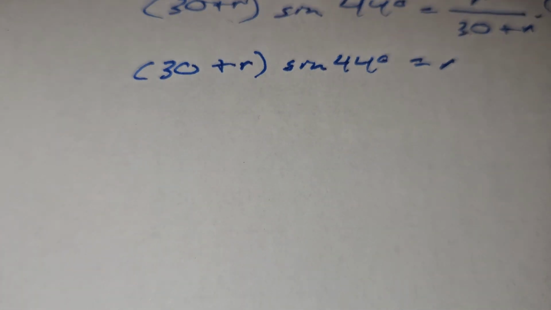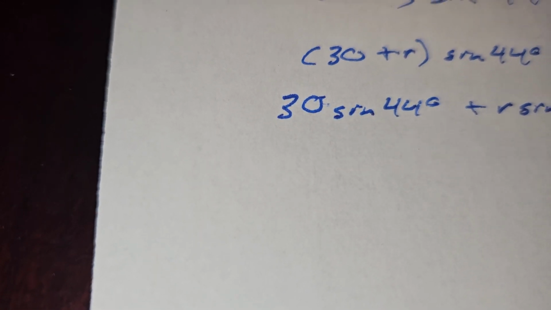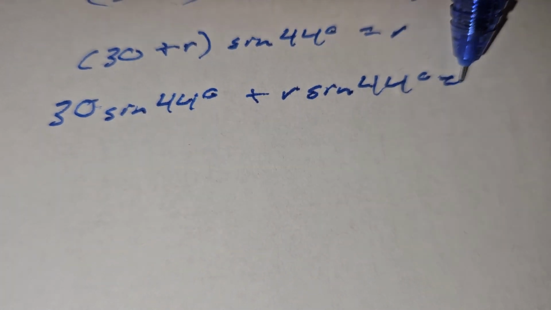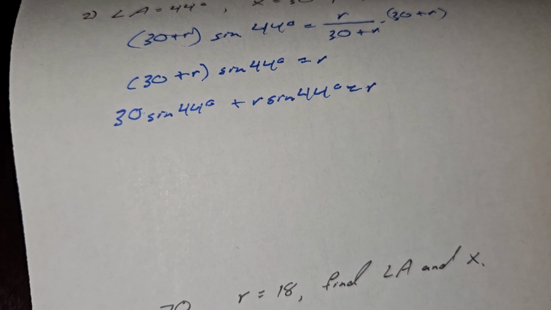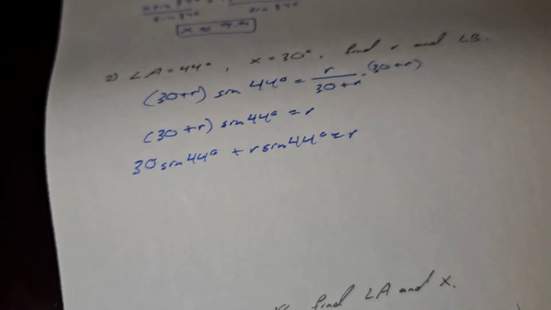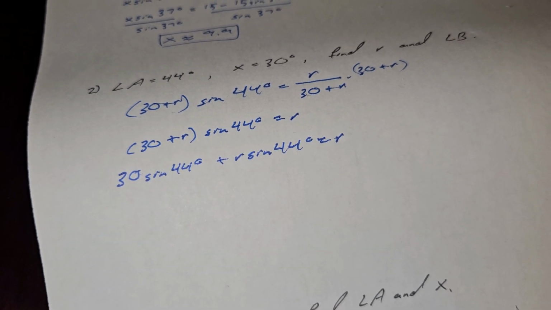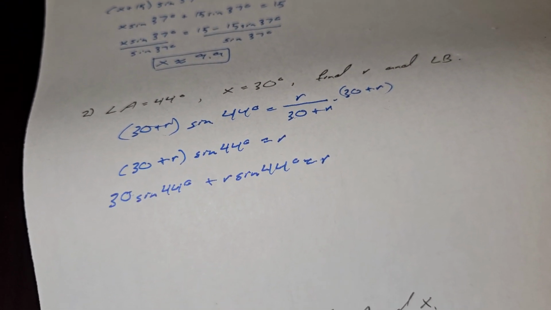Let's go ahead and use the distributive property again. So we have 30 times sine of 44 degrees plus r times sine of 44 degrees is equal to r, right? So again, we want to leave r by itself. Let's take all the terms that have r and put them on one side. So let's subtract r sine of 44 degrees from both sides and leave the 30 times sine of 44 degrees.